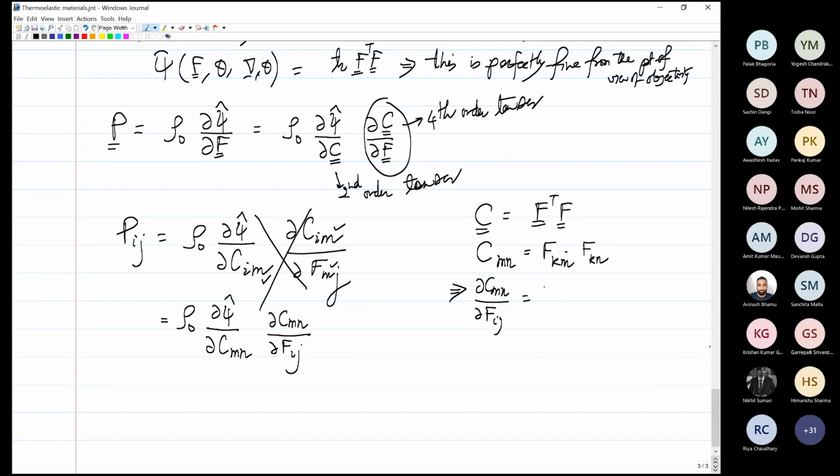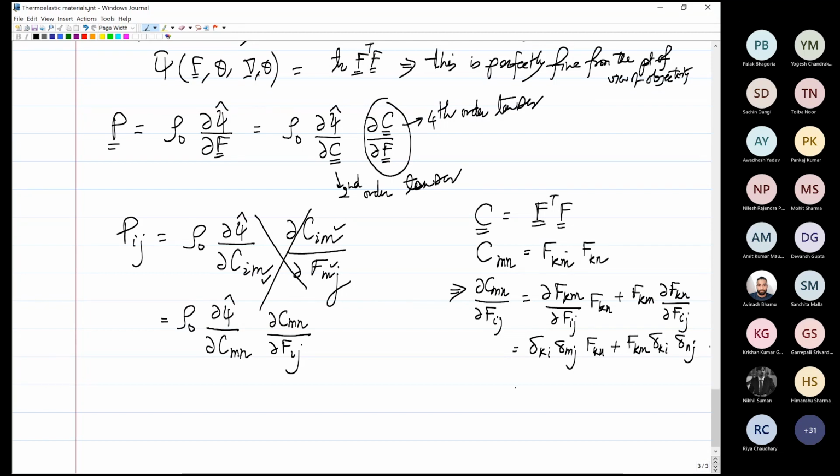So that's del Fkm over del Fij into Fkn plus Fkm into del Fkn over del Fij. So this is then delta Ki delta Mj into Fkn plus Fkm into delta Ki into delta Nj.